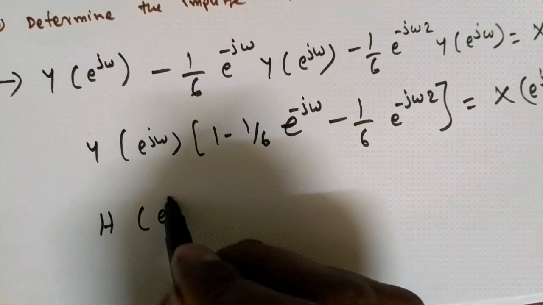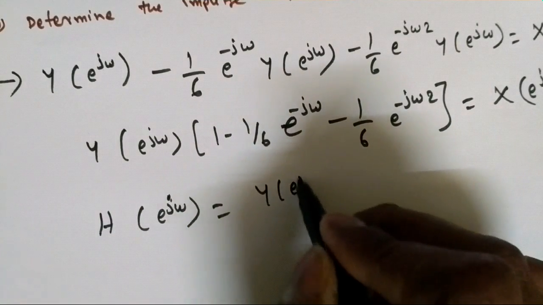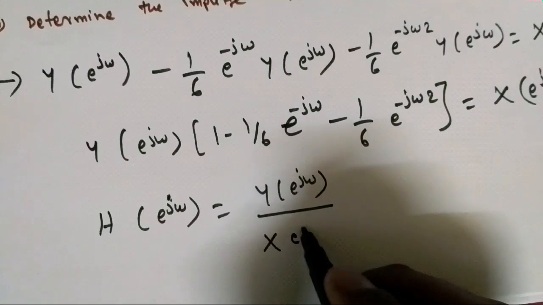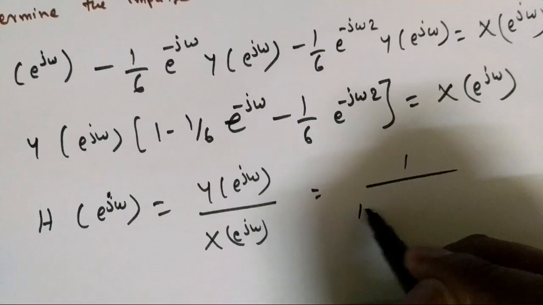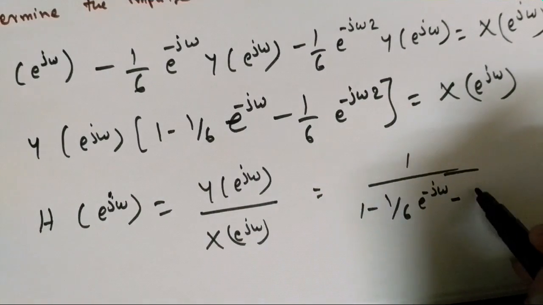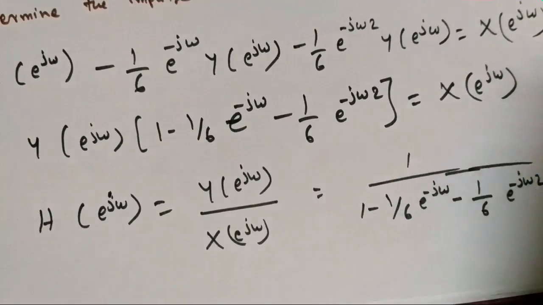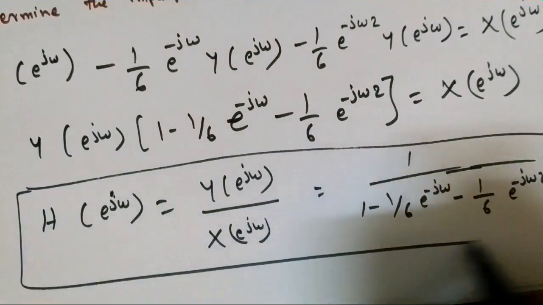Frequency response is equal to H of e power j omega, which is output Fourier transform by input Fourier transform. This will become 1 by 1 minus 1 by 6 e power minus j omega minus 1 by 6 e power minus j omega 2. So this is the frequency response. That is part A.